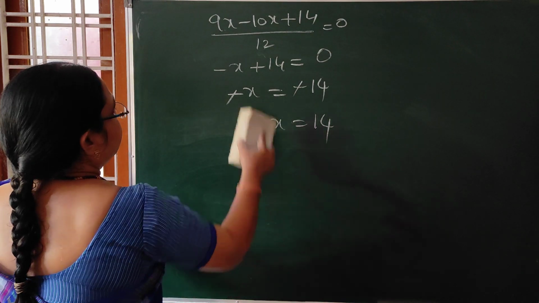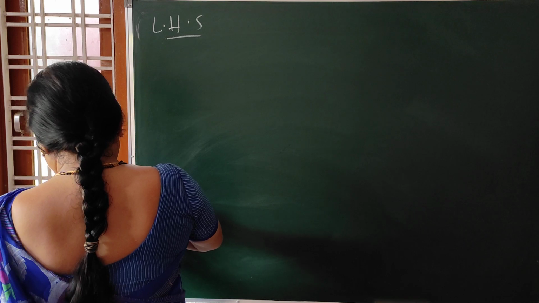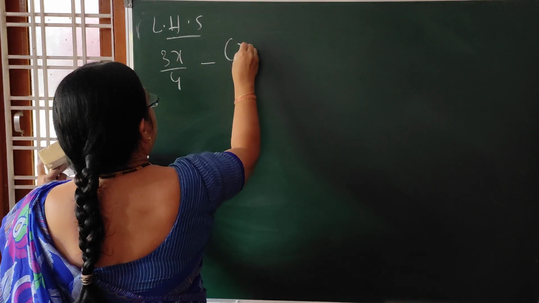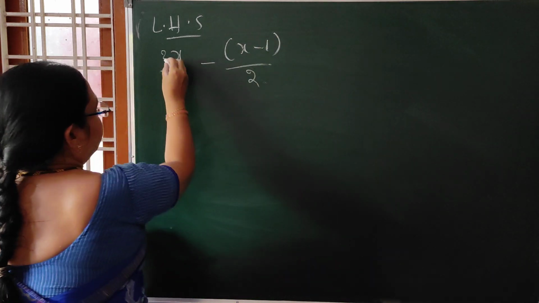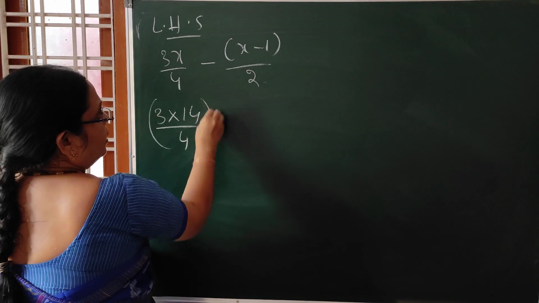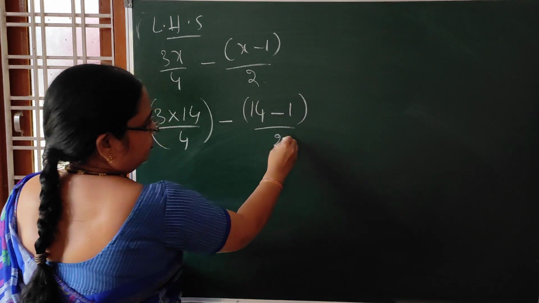Now, verification. LHS, what is given? 3x by 4 minus x minus 1 by 2. X is equal to 14 we got. 3 into 14 by 4 minus 14 minus 1 by 2.